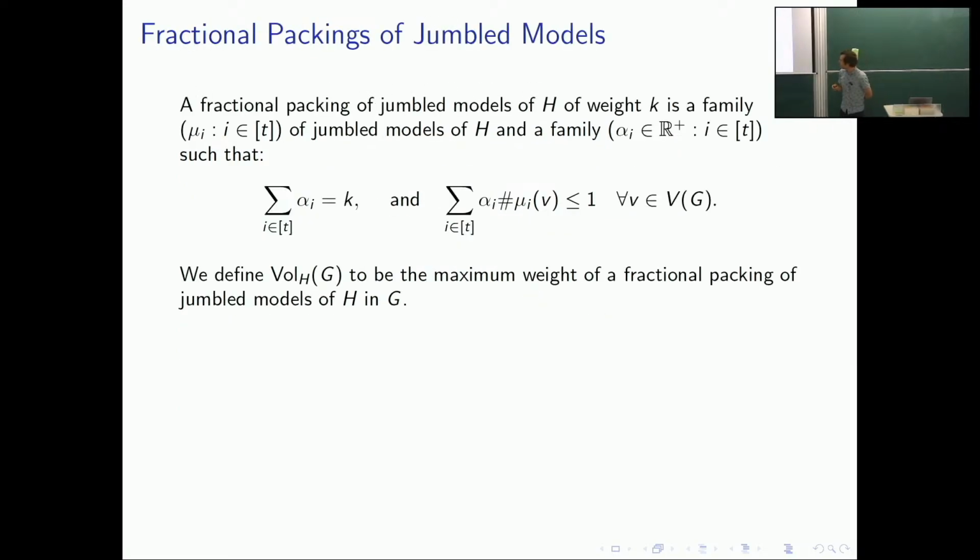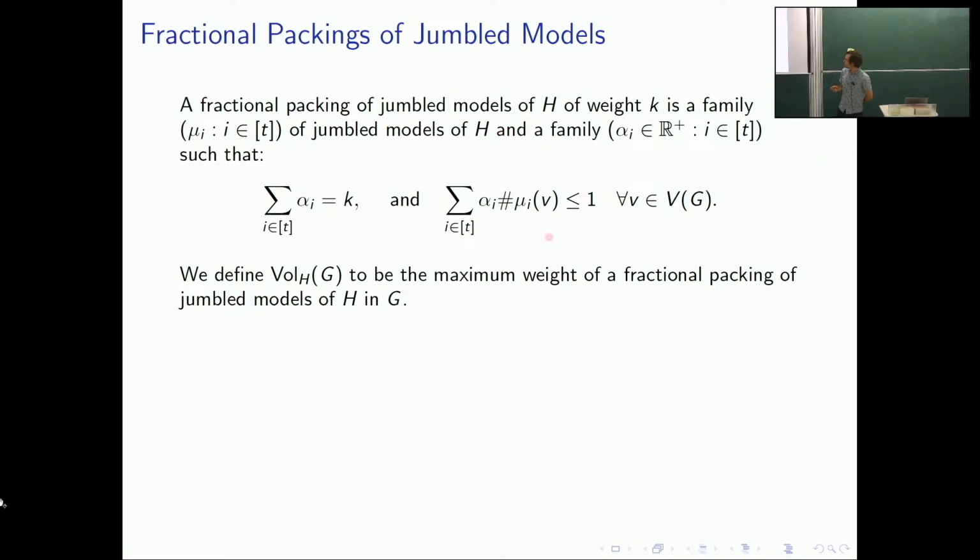Okay, so the reason for introducing these jumbled models is so that I can talk about the H volume of a graph. So we'll say a fractional packing of jumbled models is just a collection of jumbled models together with some vector of weights.